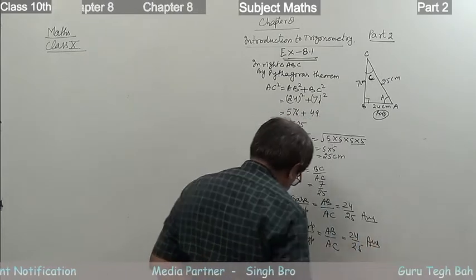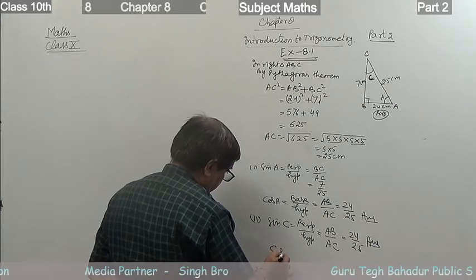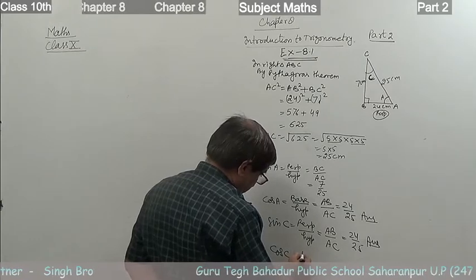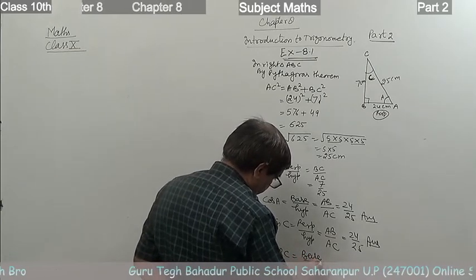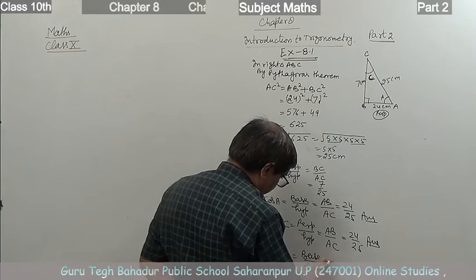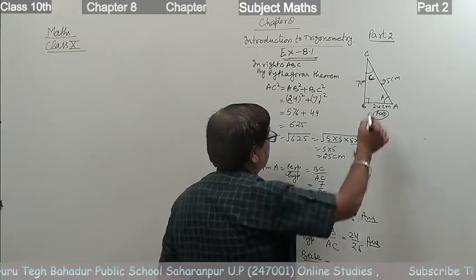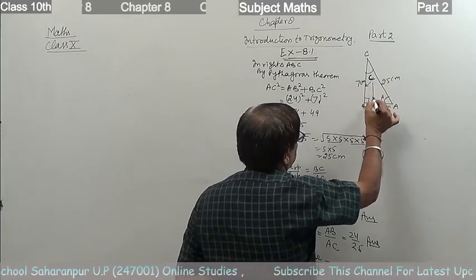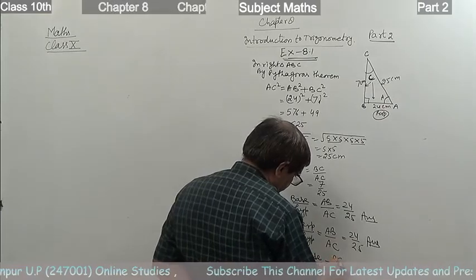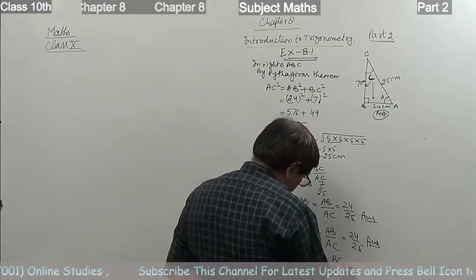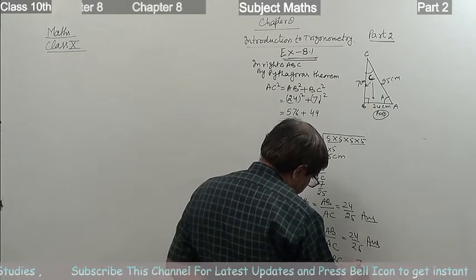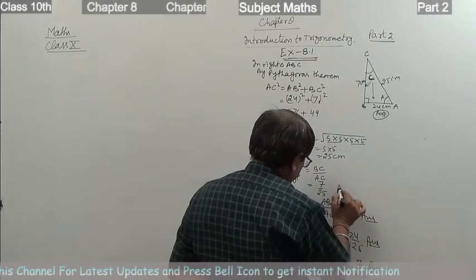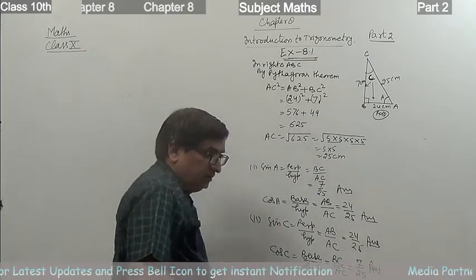Cos C for angle C, base upon hypotenuse. For angle C, base is BC. Base is BC and hypotenuse is AC, that is 7/25. These are the 4 answers of question number first.